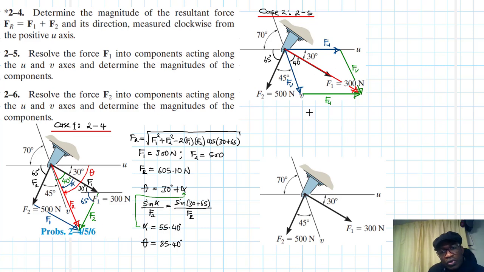Great. So with all this information, then we know that this angle here is going to be equal to 40 degrees, and this one here is just 180 minus 30 minus 40, which is just going to be equal to 110, right? 180 minus 40 minus 30, 110.